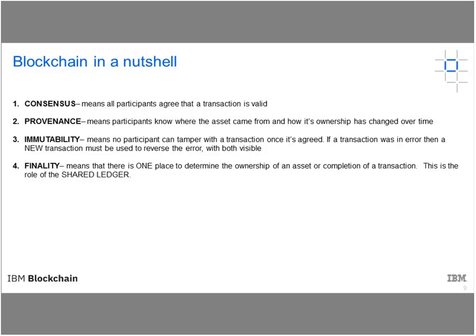The proof is in the ledger, and that ledger stores all the information regarding the transactions, the inputs and outputs, everything. So we can consider the ledger information as the provenance of our business network. This is the proof, and this provenance is characterized by immutability and finality.